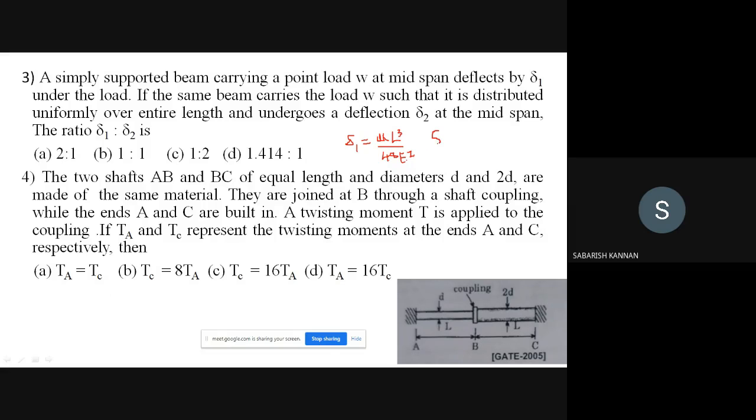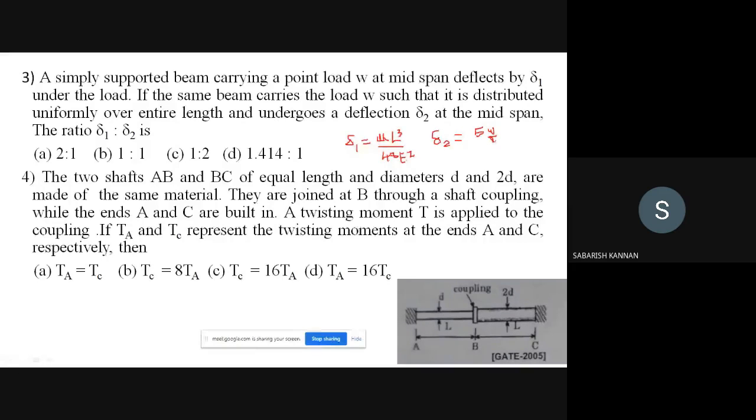Then del 2. So our del 2 is for the mid of the span UDL, 5 W by L. So this is the key point.